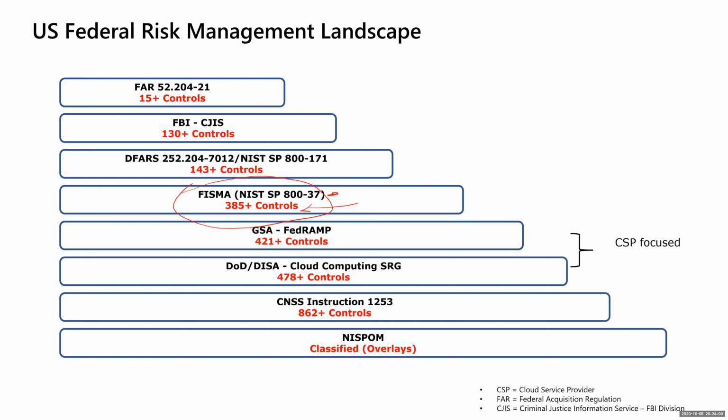So going all the way back to the top, just like we have this NIST, there are other regulations. This is not the only one applicable, but this is the one that applies to all federal agencies when it comes to information systems. But we have one like FAR that focuses entirely on federal acquisitions, right?